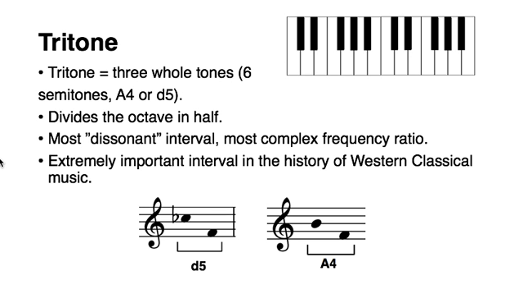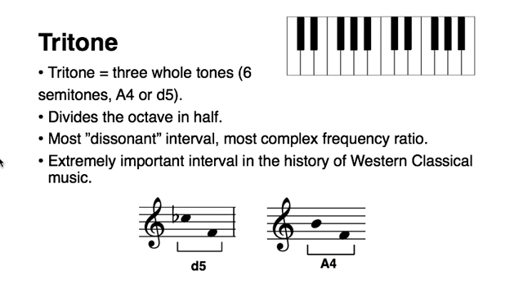For example, the ratio of an octave is 2 to 1. It's very simple, right? So basically, if one note is vibrating at 100 oscillations per second, 100 hertz, the one that is an octave above will be vibrating at 200 hertz.